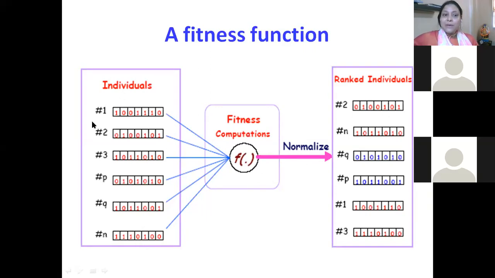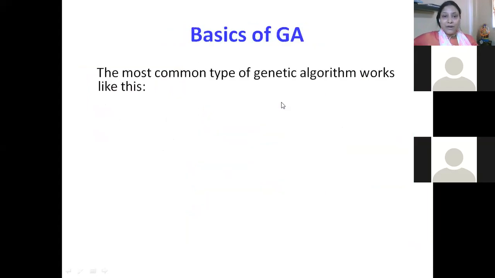But here, maybe this hashtag 2 is evaluated through this fitness function, and after this evaluation process is over, you will obtain not a fitter solution, maybe a weaker one. So in that case, you may take the previous one which you started with. So this is how the fitness function is evaluated.